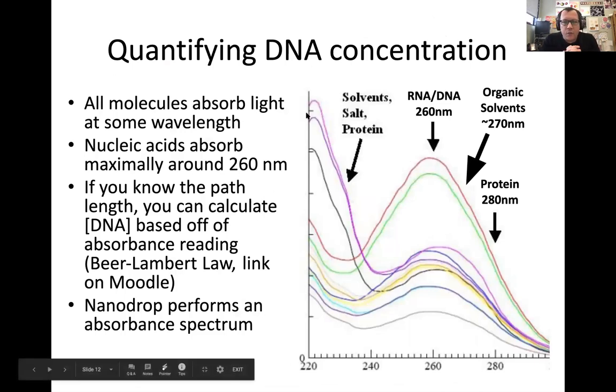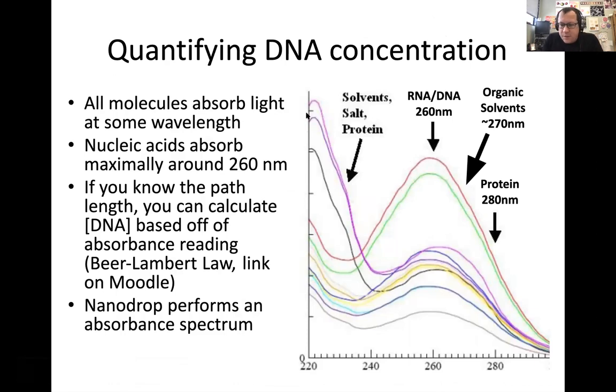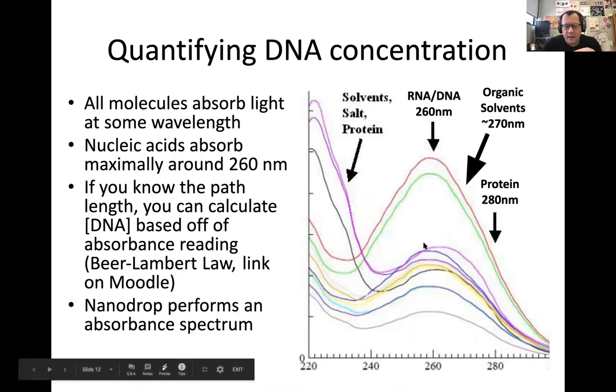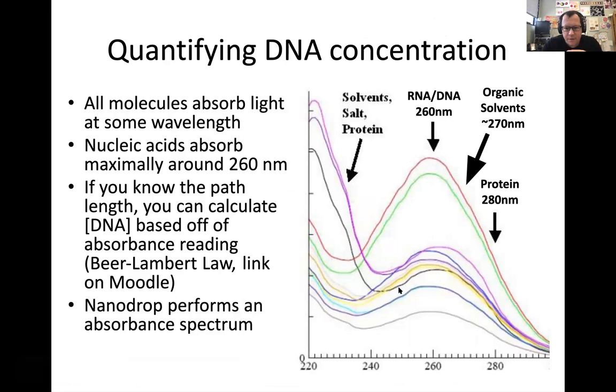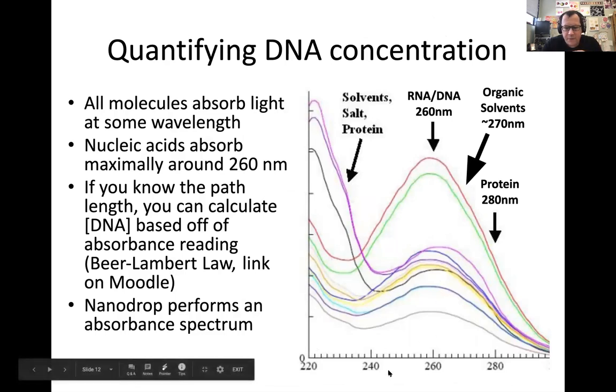And so for that, we use something called a nanodrop spectrophotometer. So a spectrophotometer is kind of like the 96 well plate reader, the microplate reader that we used last time. Technically, that one's also a spectrophotometer, but the nanodrop is a specialized spectrophotometer, mostly for determining DNA and RNA concentrations.